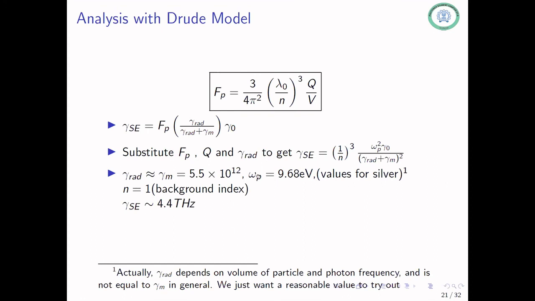This is just an arbitrary value that I'm putting in. Of course, it depends on several factors, as we saw earlier. And I'm also going to put in ωp as this. These are the actual values for silver. And I'm just going to take the background index as 1. So you get a spontaneous emission rate of about 4.4 terahertz, which, if you recall, is much better than our 54 gigahertz rate that we saw earlier.